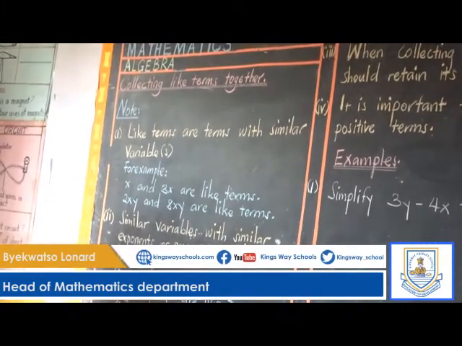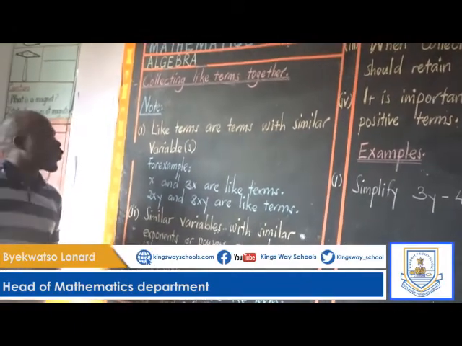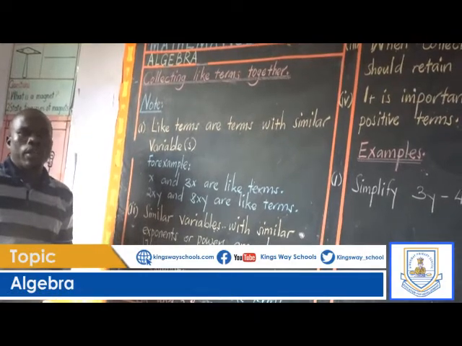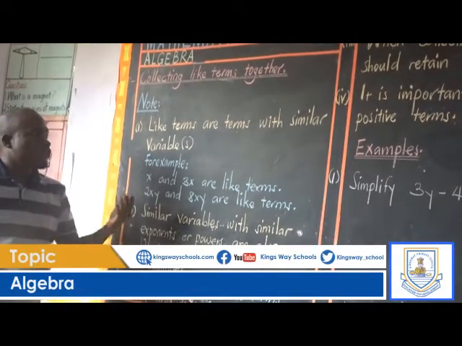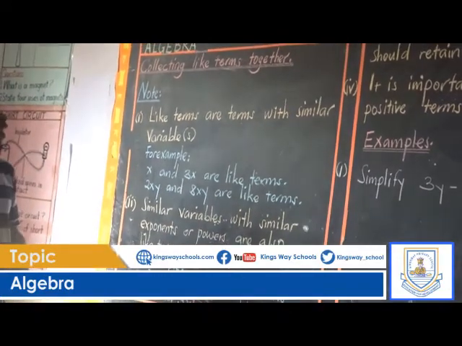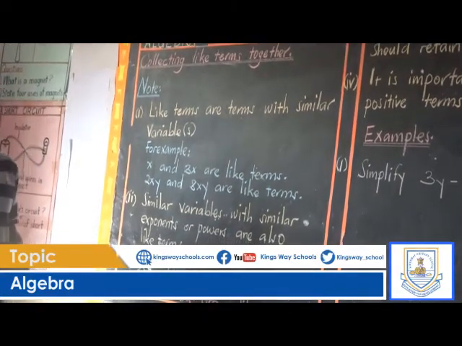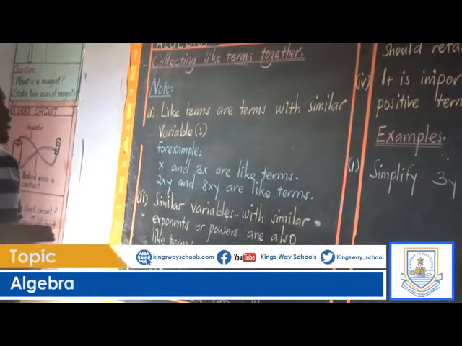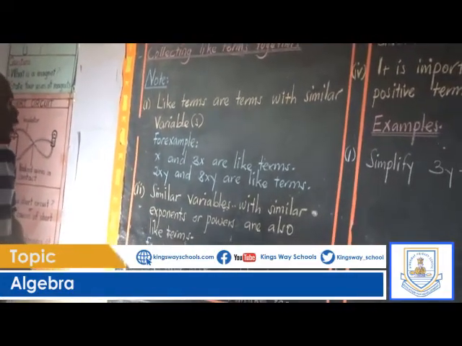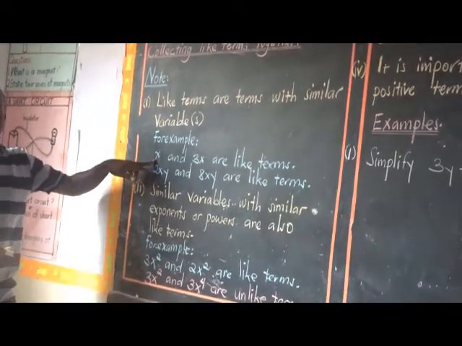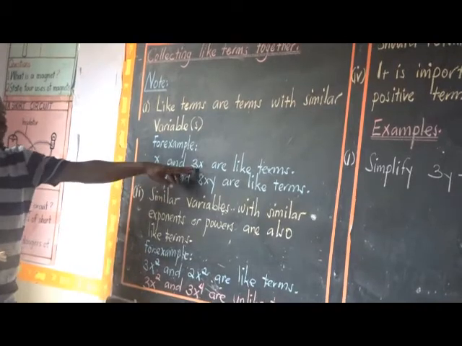One of them is that like terms are terms with similar variables. The other time we talked about what a variable is, and this is what we normally call the unknown. So like terms are those which have the similar variable or variables. Our examples here: we have x as the variable, then we have 3x.